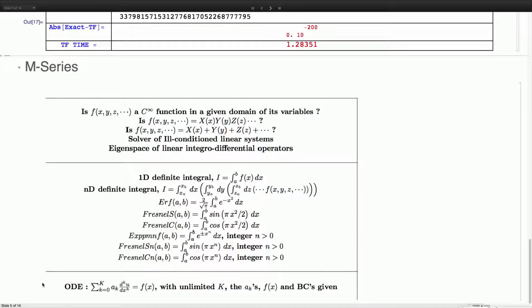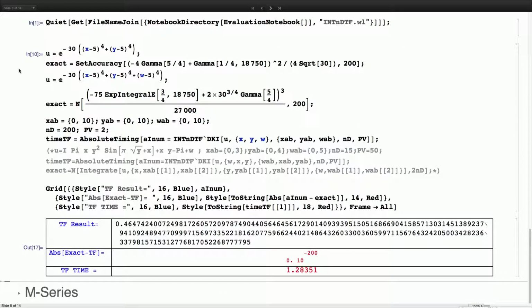We have a solver for ill-conditioned linear systems, eigenspace, linear integer differential equation solvers. We have an ODE solver where the order of the ODE is unlimited, where the coefficient for right now is constant coefficient. But the order can be 100. I don't know who would use 100. Maybe electrical circuits need something like that, but we are capable of doing it.